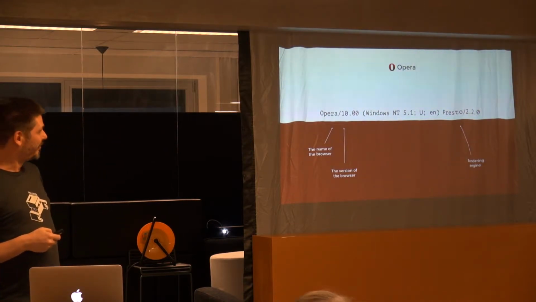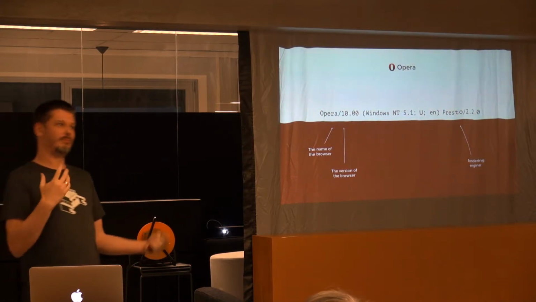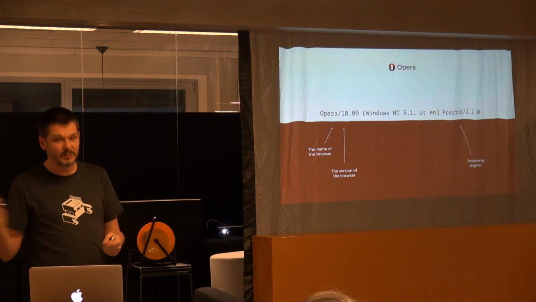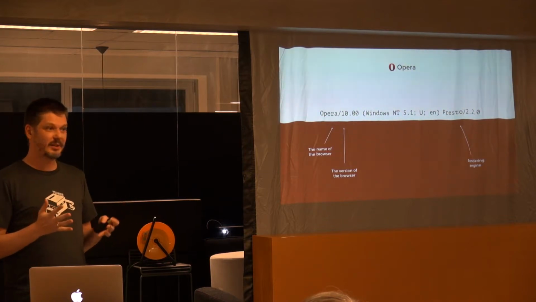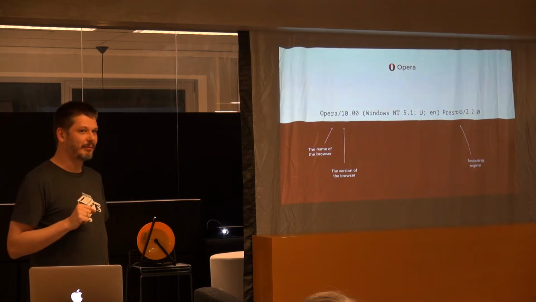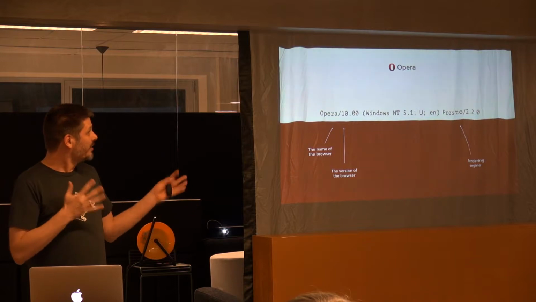And websites started breaking. If you had a website that said, well, you need to use Opera 8 or higher to use this website, which was a pretty common technique in those days. Best viewed with, and that kind of stuff. So this was Opera 1.